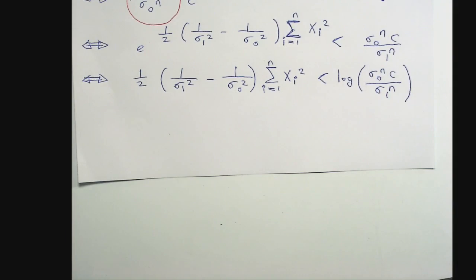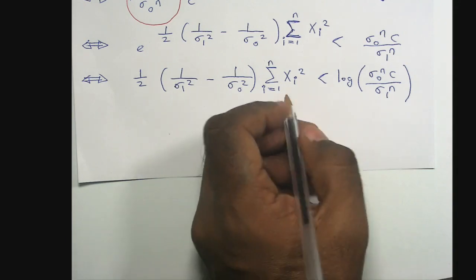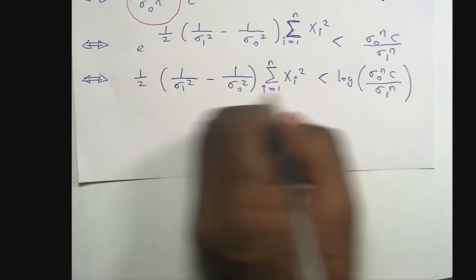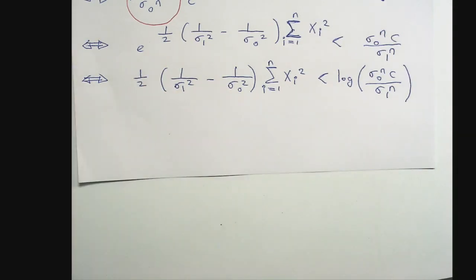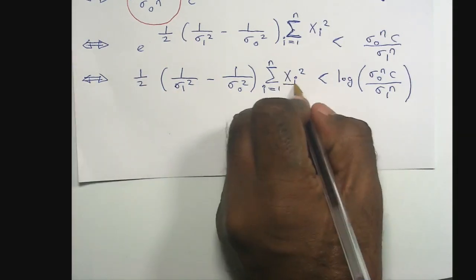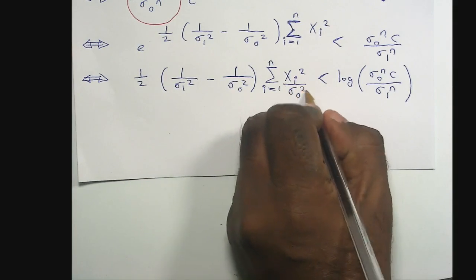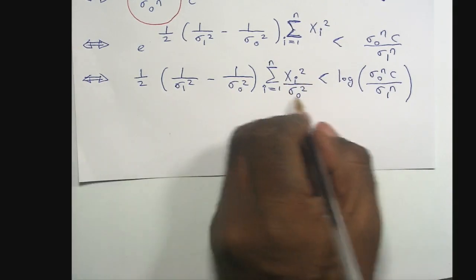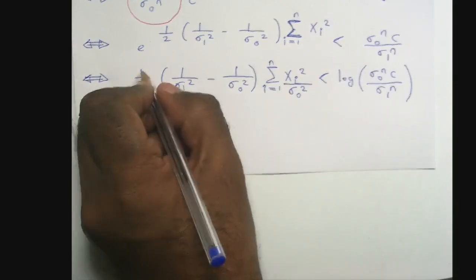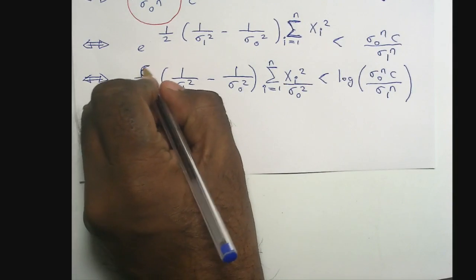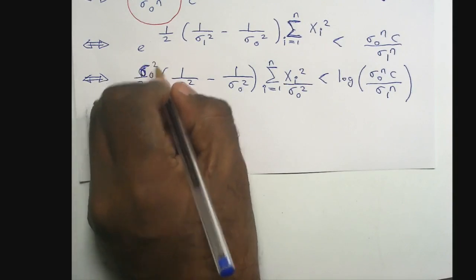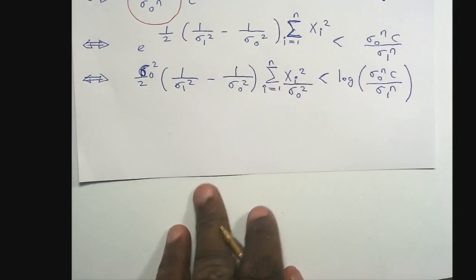And finally, before finally, I'm going to do the following trick, because in order to get the answer that we want, we need to divide this by sigma 0 squared. And since we have divided by sigma 0 squared, we also need to multiply by sigma 0 squared, in order to cancel the effect.